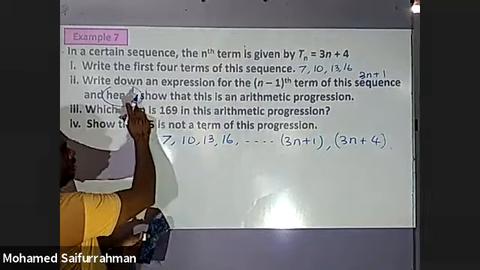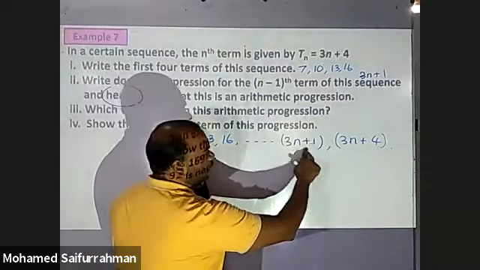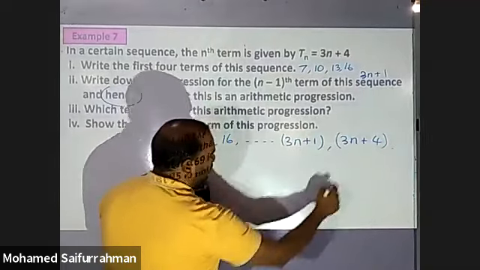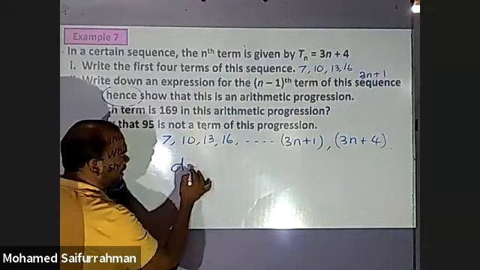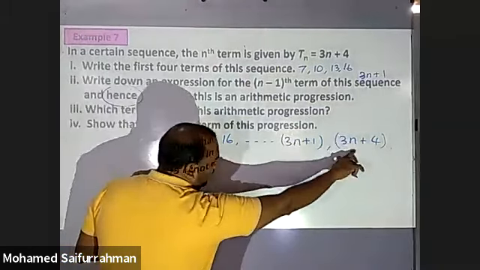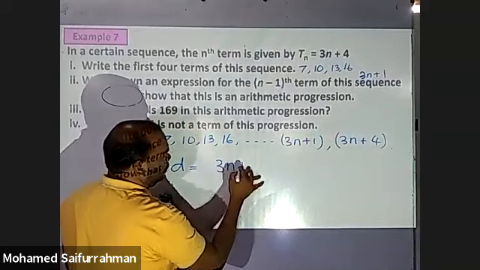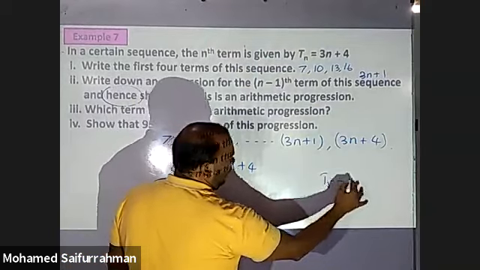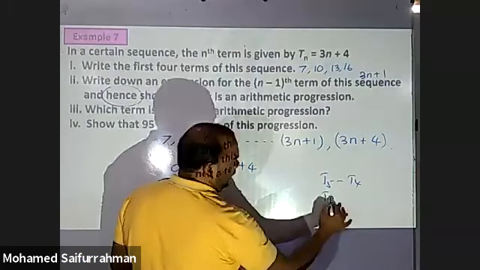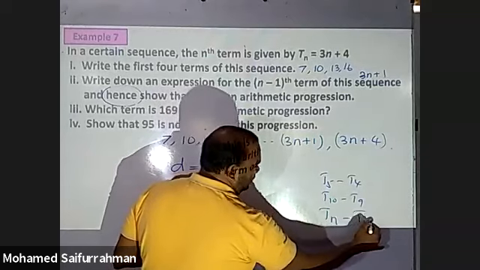But especially in this question, they ask us to find the D using this. So let's calculate the common difference here. Any term minus preceding term. So I told you T5 minus T4, T10 minus T9, then Tn minus T(n minus 1).